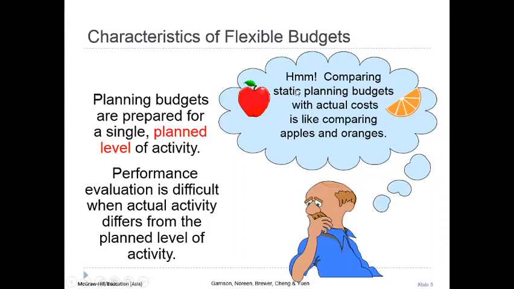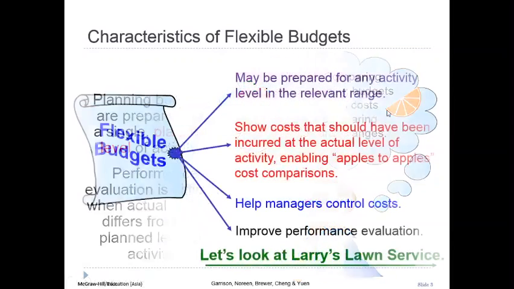Therefore, comparing the static planning budget, static here meaning a single plan level, with the actual cost that we have incurred is like comparing an apple and an orange. It means that we are comparing two different things, which is unfair and can make the process difficult.